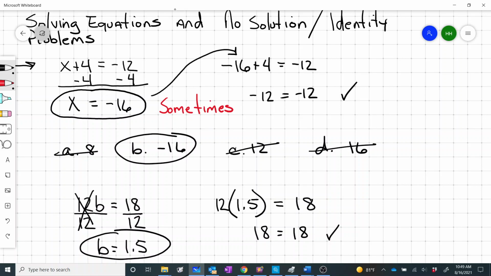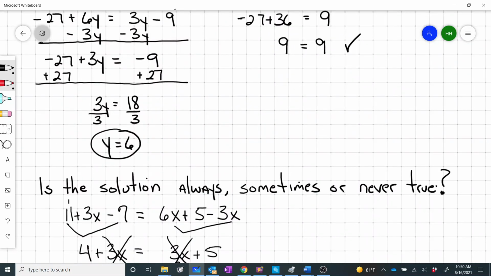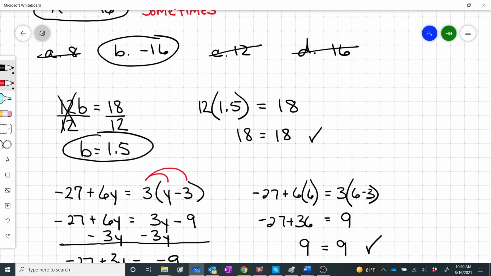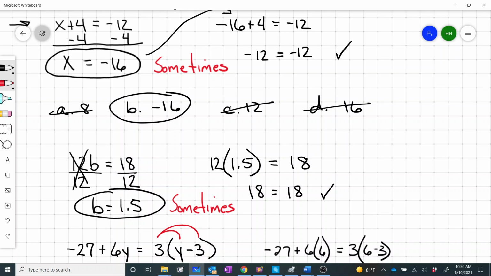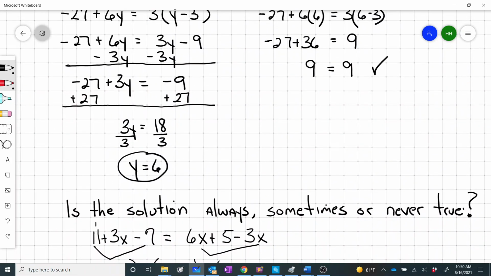Because remember, the question was, is the solution always, sometimes, or never true? Alright, well, these sometimes, the solution is true when b is equal to 1.5. And this solution is true when x is equal to negative 16. So that's the sometimes.